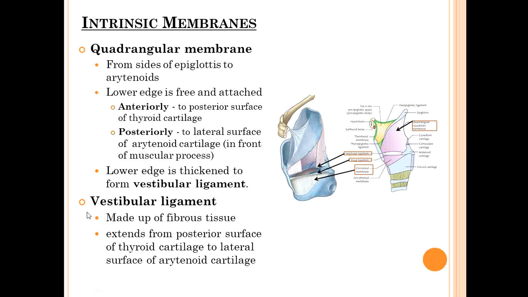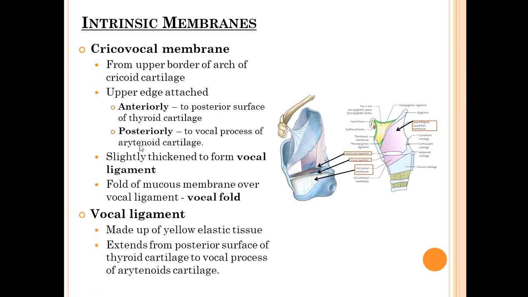Okay, so the lower edge is thickened here, and that will be known as the vestibular ligament. Okay, vestibular ligament. Now what is the vestibular ligament? Sorry, just a second, I missed that thing. Okay, so what you are seeing here, I told you, is the cricovocal membrane, this is the vocal fold.